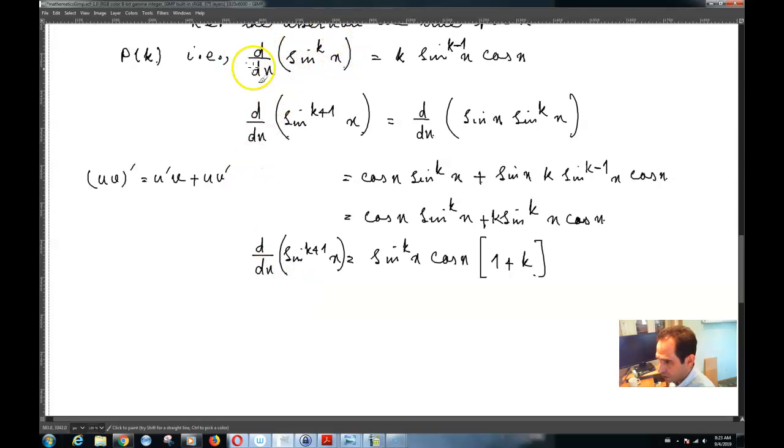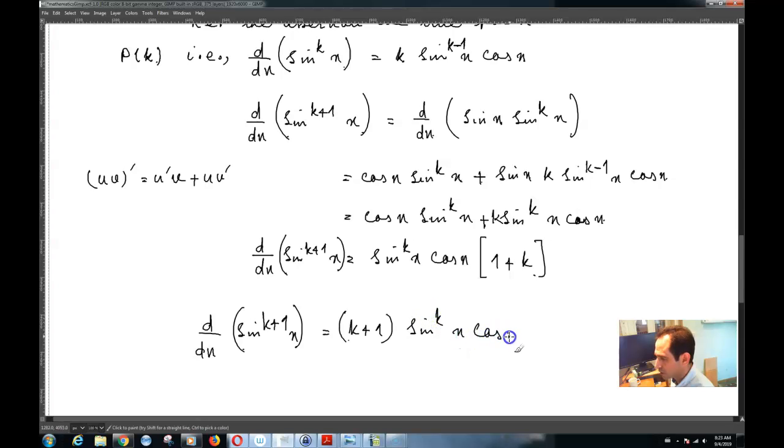So based on P of k plus 1, wherever you see k over here, you have to put k plus 1, meaning that this becomes k plus 1 times sine raised to the power k plus 1 minus 1, which is k, of x times cos x.